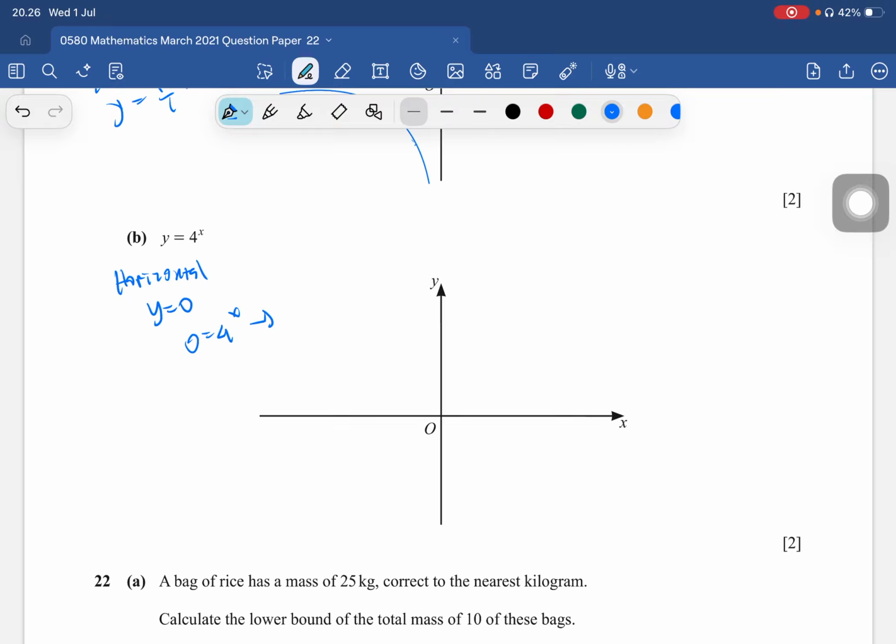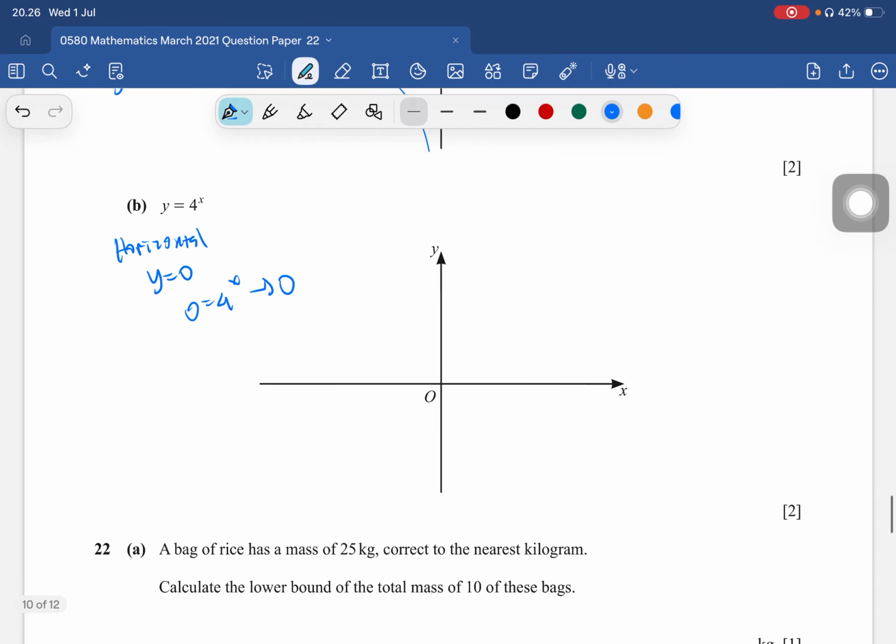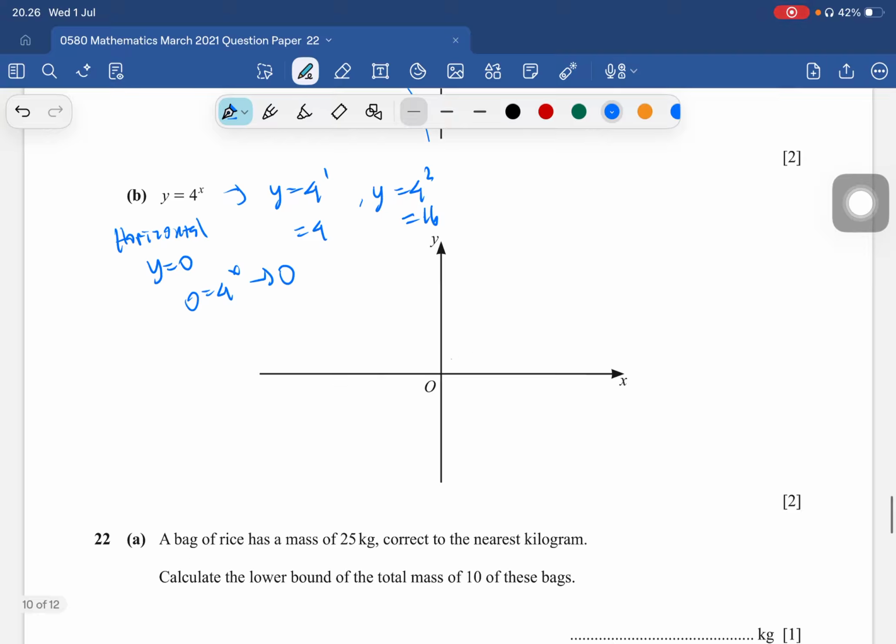So it's gonna be 0. Let's try to substitute. So y equal to 4 to the power of 1 equal to 4. And then y equal to 4 to the power of 2 is gonna be 16. And so on. It's gonna be increasing, so we can start from 0. Here it is increasing rapidly.